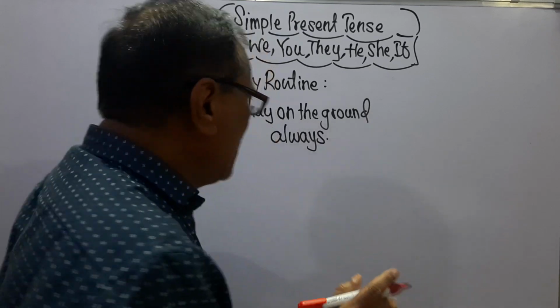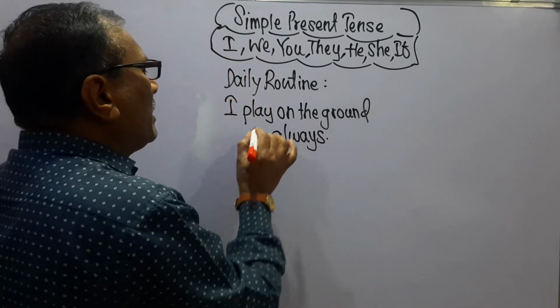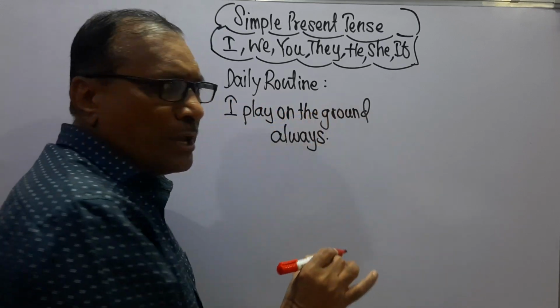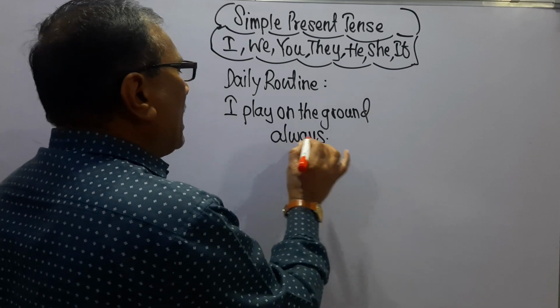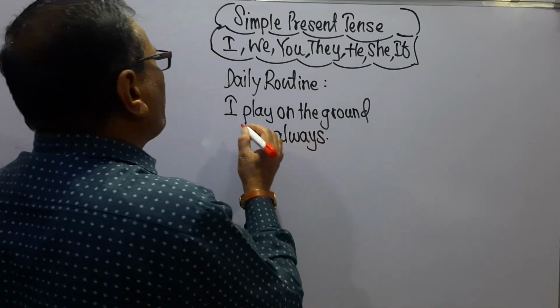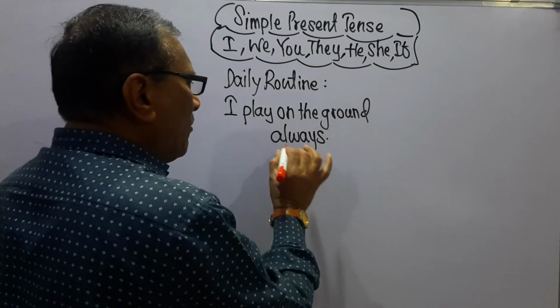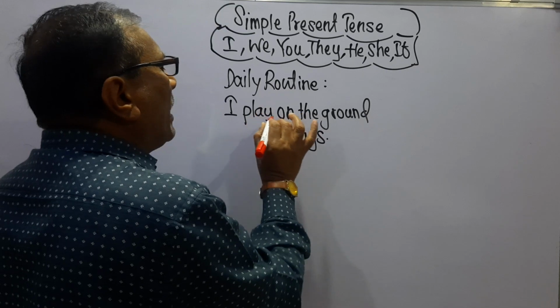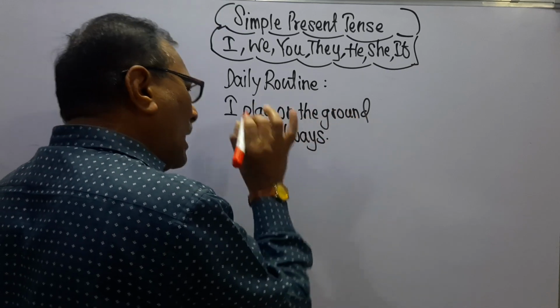Why? Because this I is the subject, play is the main verb, on the ground is the objective phrase, and always is the extra word. Here I play on the ground always means I do the action of playing on the ground always.